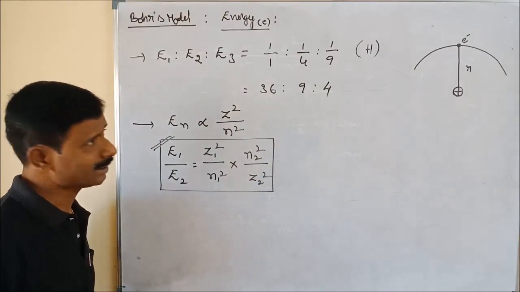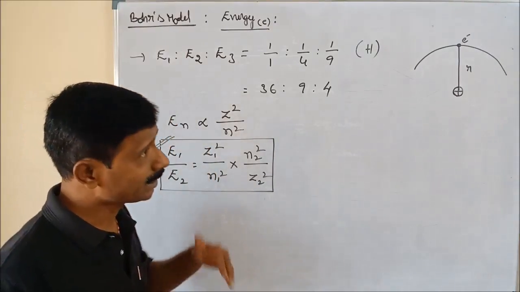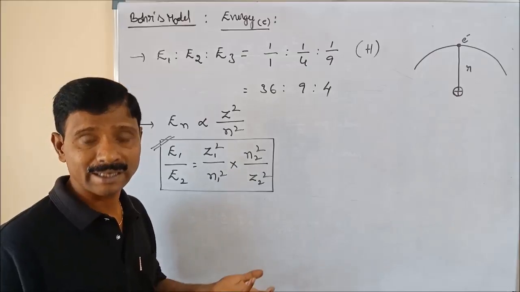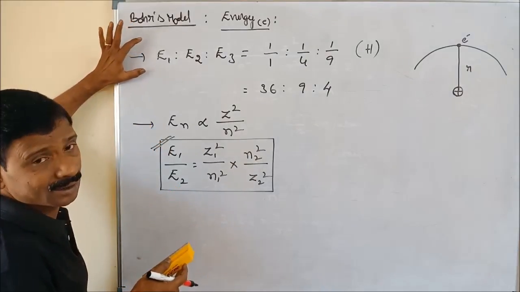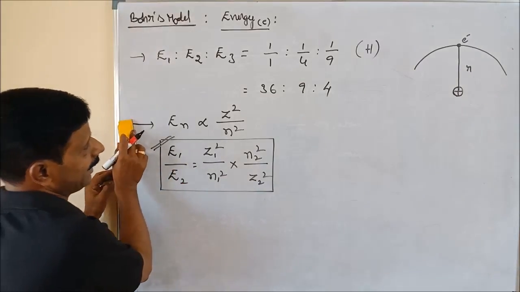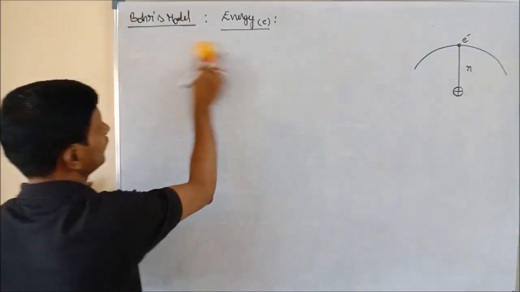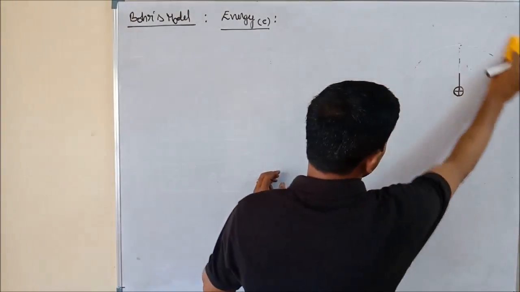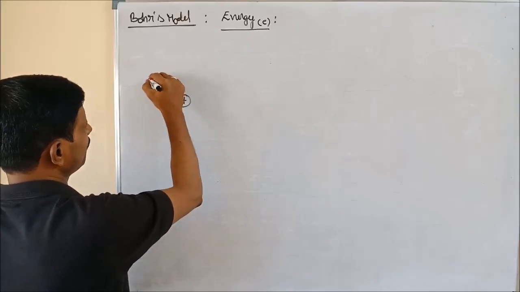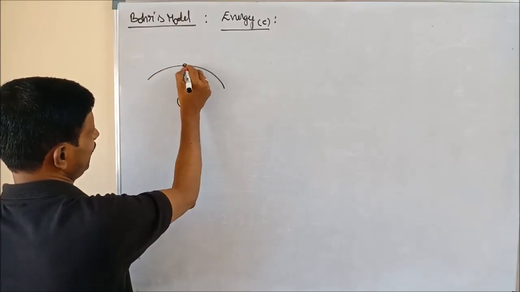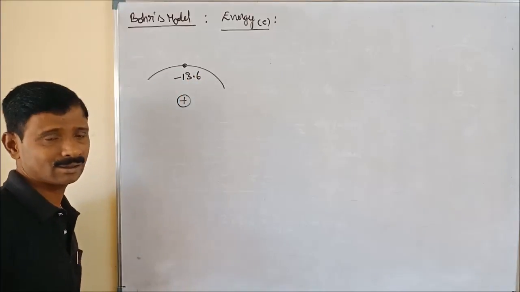And now see, if you know the energy of the electron, automatically we can find out its ionization energy. For example, what is the relation between energy of the electron and ionization energy? See, in a hydrogen atom, as per the formula, if the electron is in the first orbit, its energy is minus 13.6 electron volts.